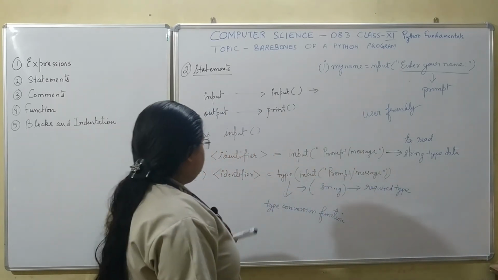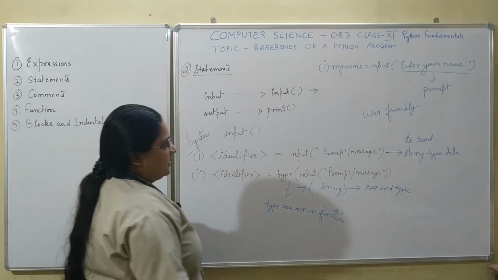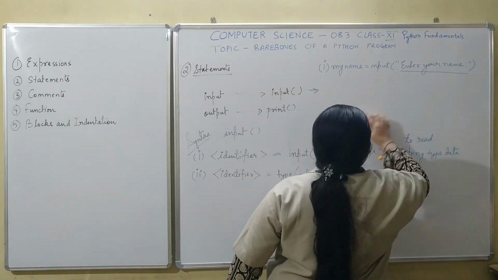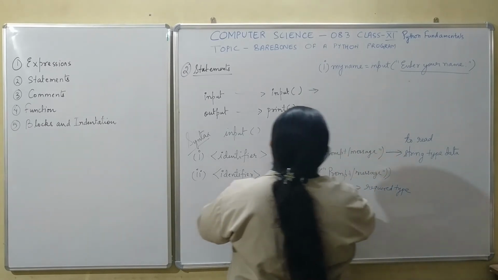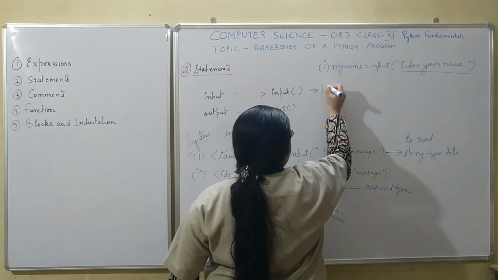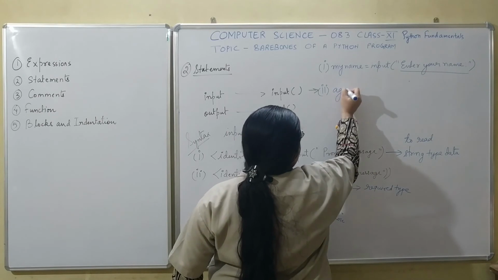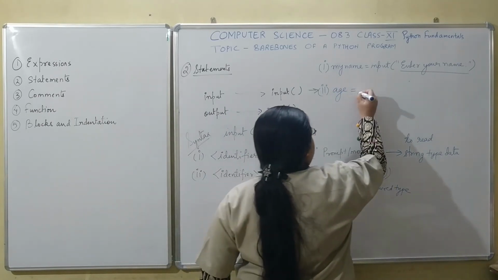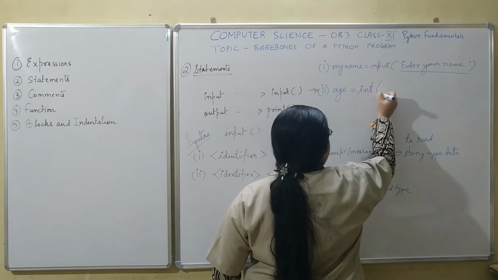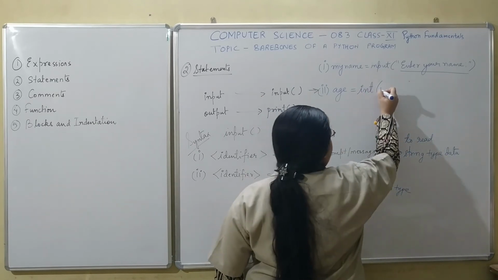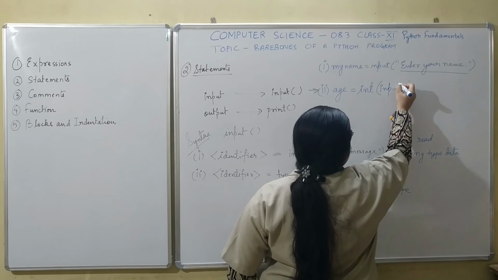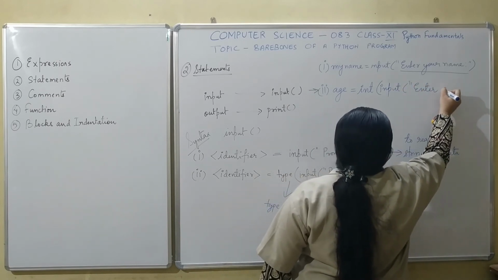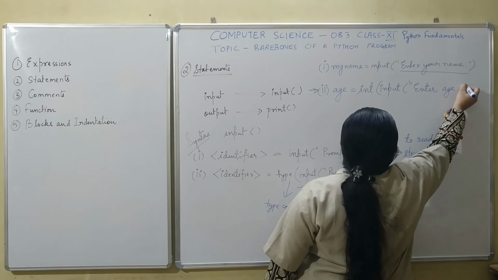So the next one is the type conversion function. How to do that? So suppose we want to read someone's age. Now what is age? Age is a numeric quantity. Specifically, it is an integer quantity. So we will use the int function to convert the read input into integer. Enter age.